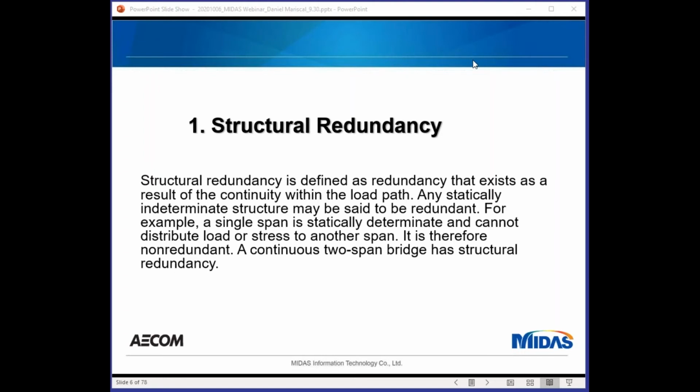But if we have a beam that, for example, has 3 spans and the middle span breaks, you still have capacity, because the beam gets supported by the middle supports. So that's a simple way of explaining structural redundancy.